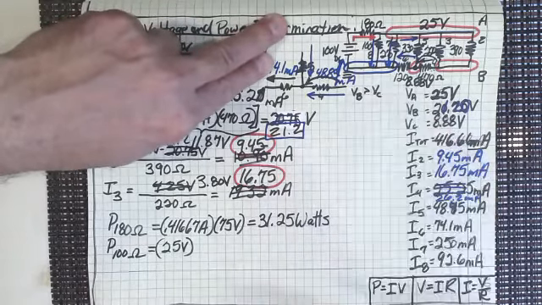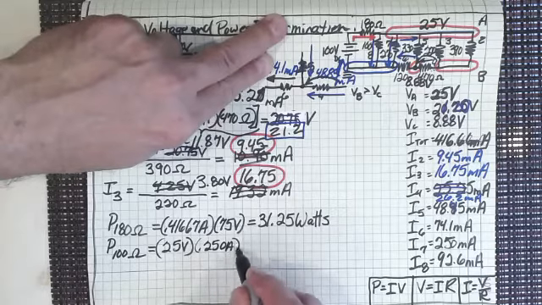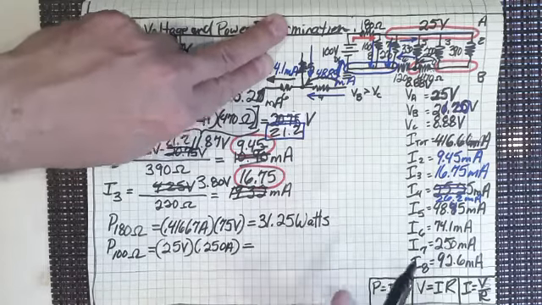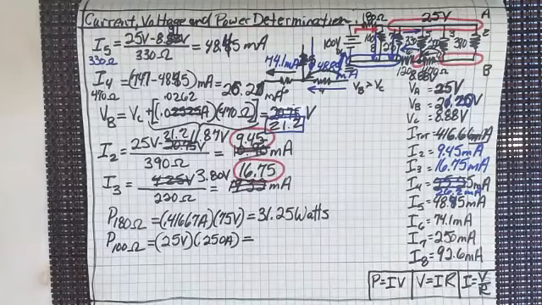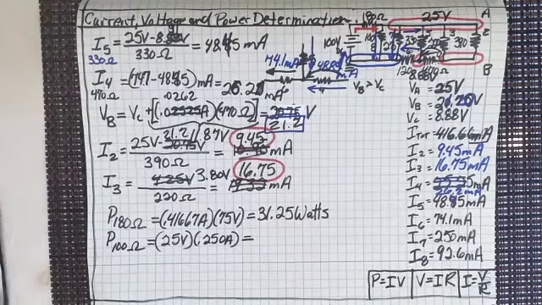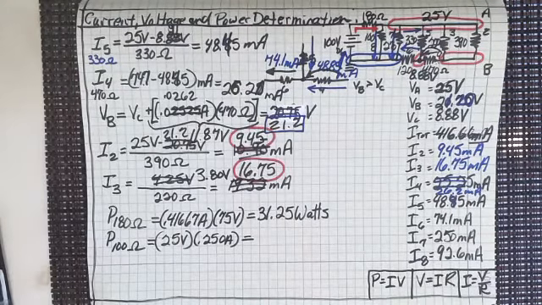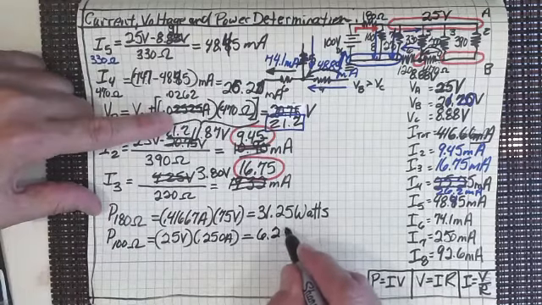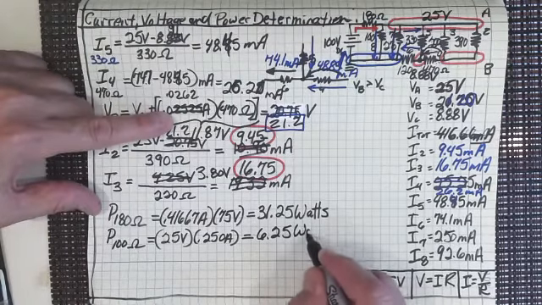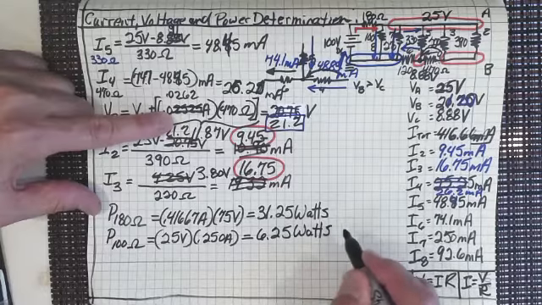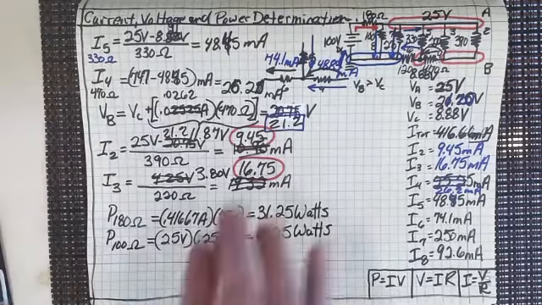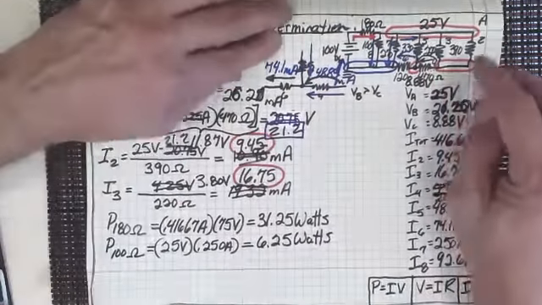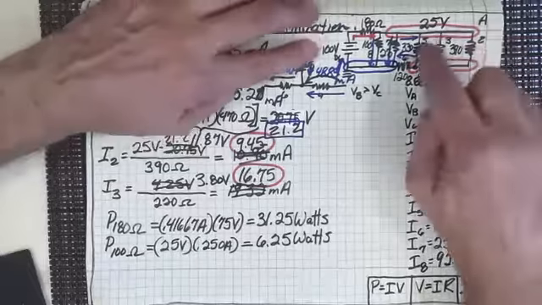And the current flowing through that resistor is going to be 0.250 amps, right? So we have 25 volts times 0.25, or 1/4 of that. And I think everybody can see that that's going to be 6.25 watts. Still much larger than the 1/4 watt resistor that we use in the laboratory, right?